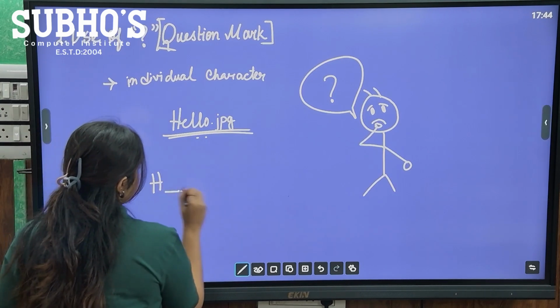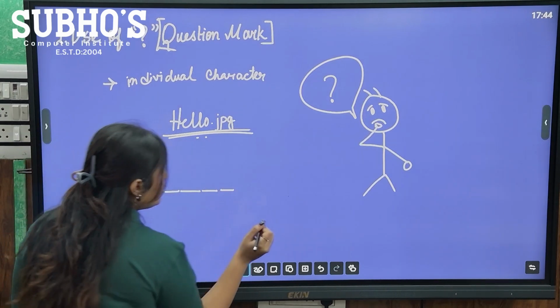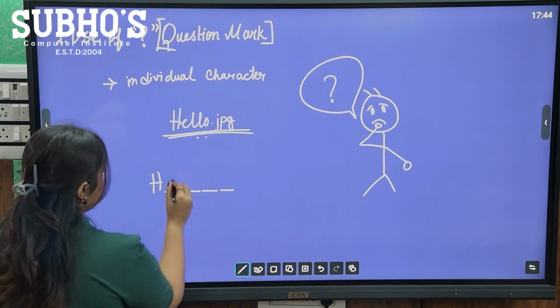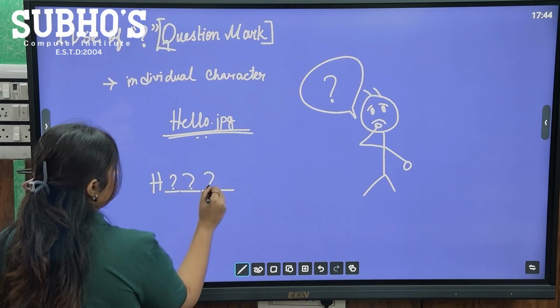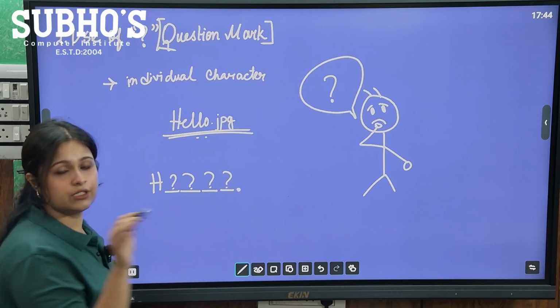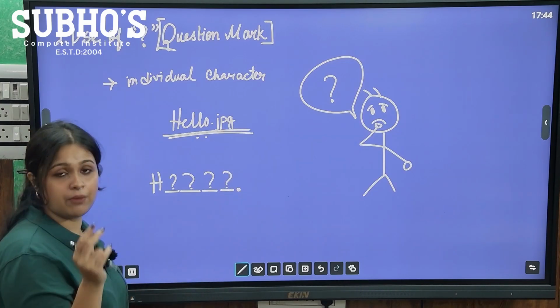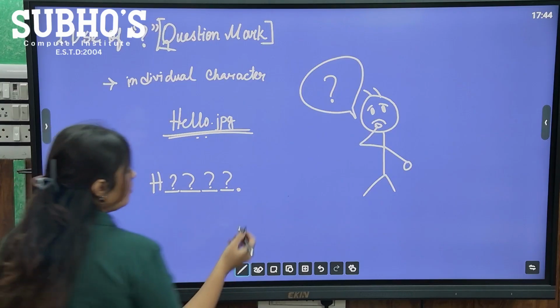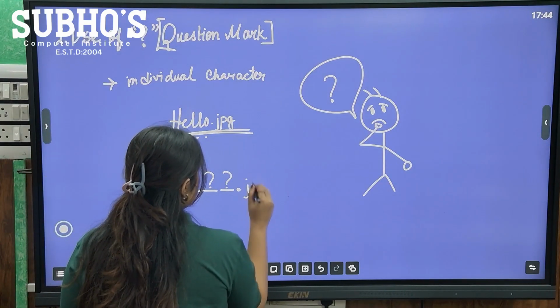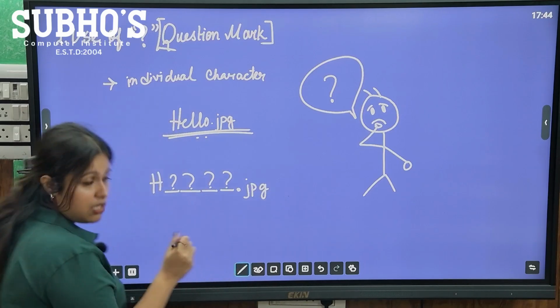So as I said, if you remember that there were 4 specific characters after H, then you can use 4 question marks. And then if you also remember the extension name, then you can also use the extension as it is to search your file.